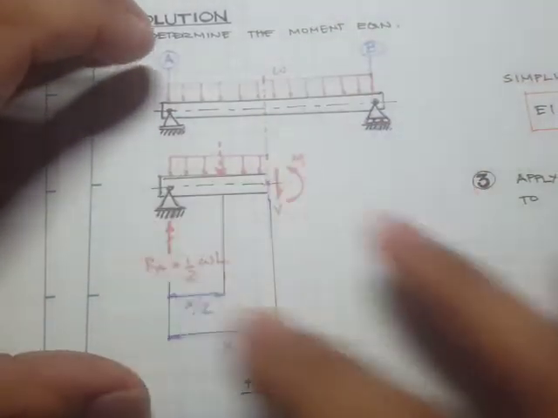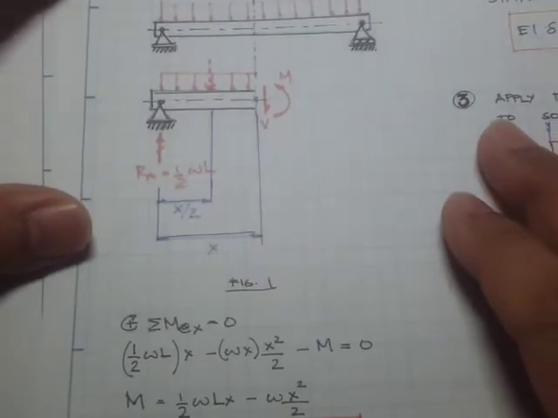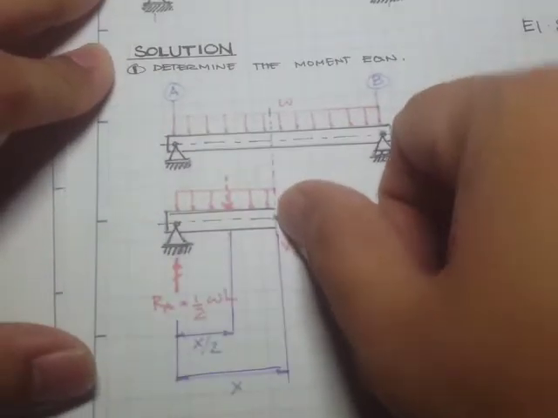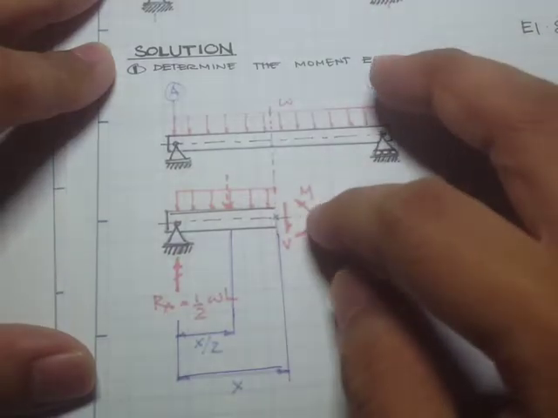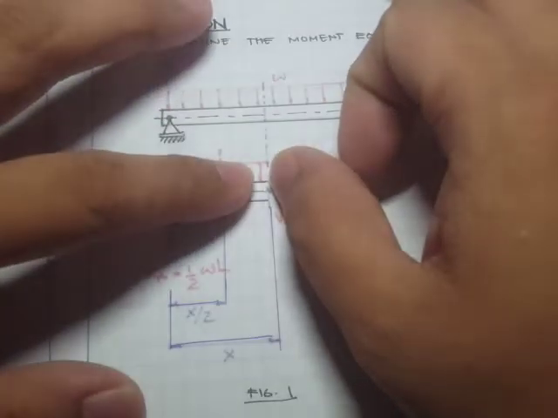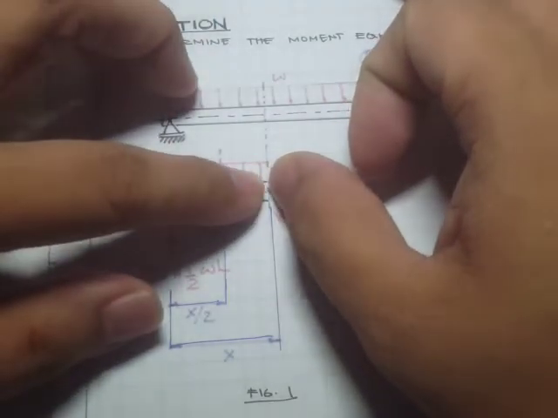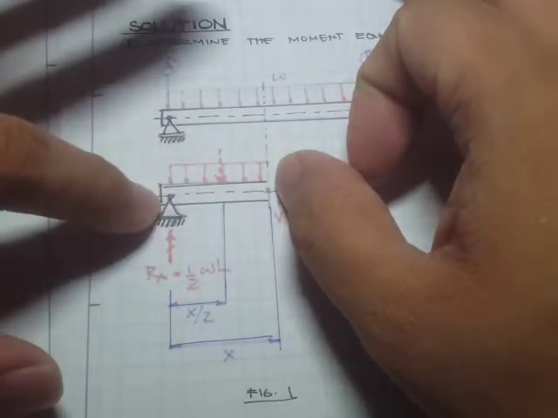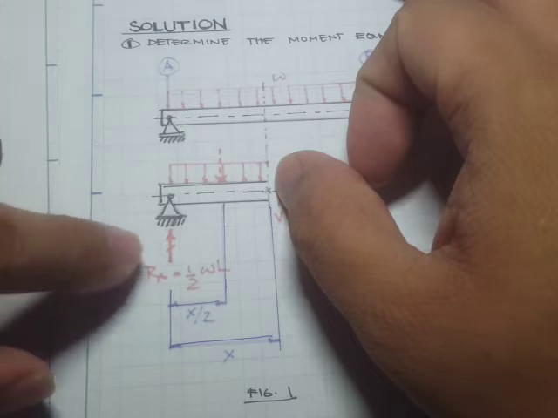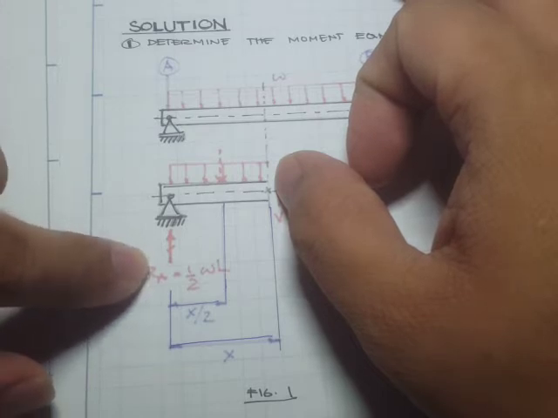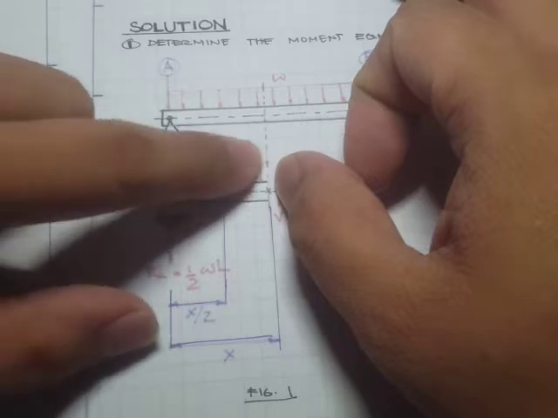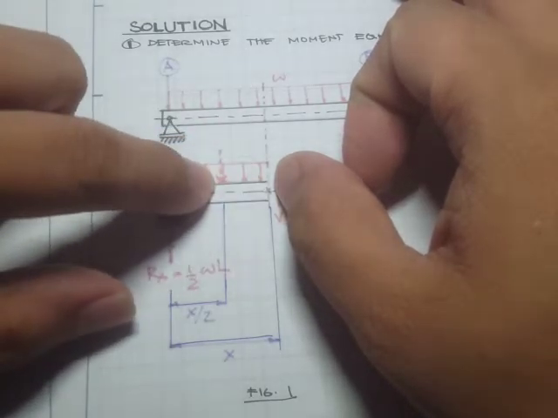Now that we have this, we can apply the summation of moments at this point, or anywhere else will also work, but I use this point as my center of moments. So I take the moment produced by this reaction force at A, and the moment produced by this external loading.